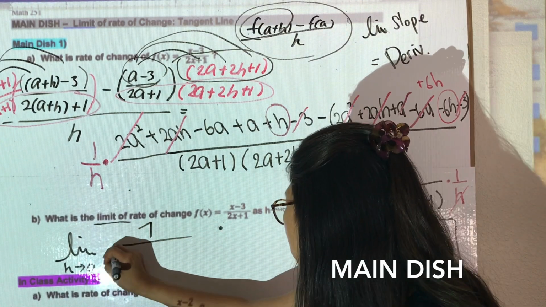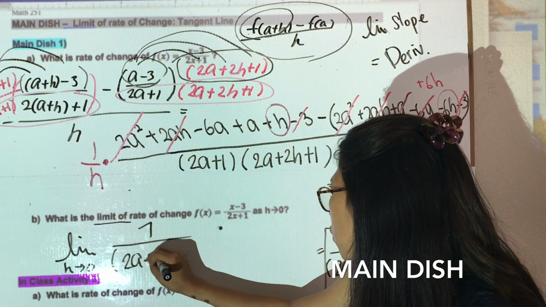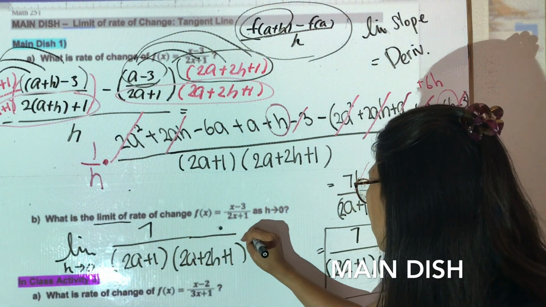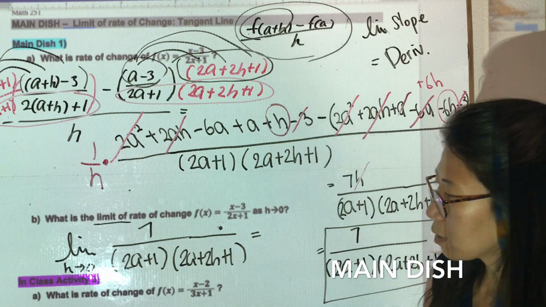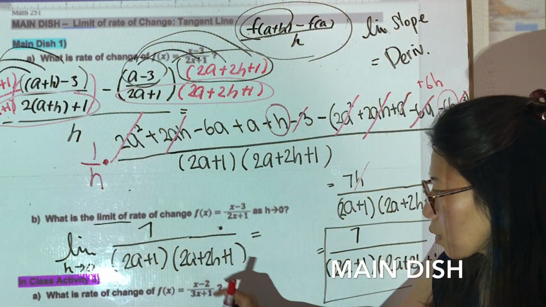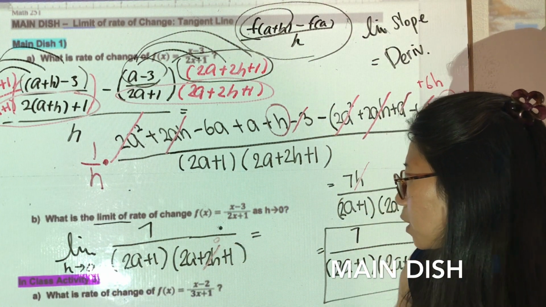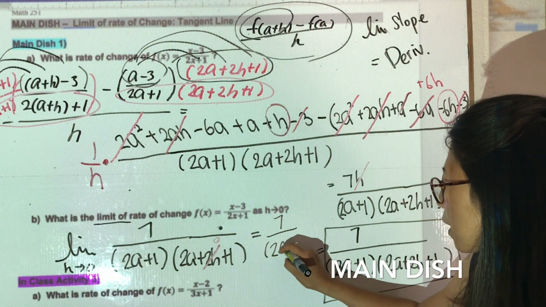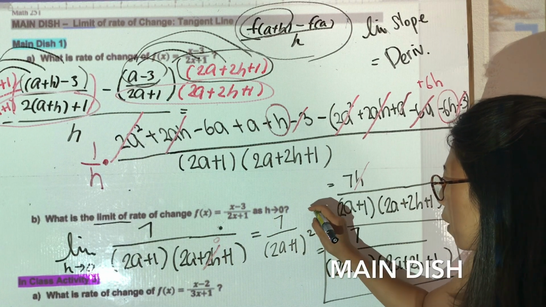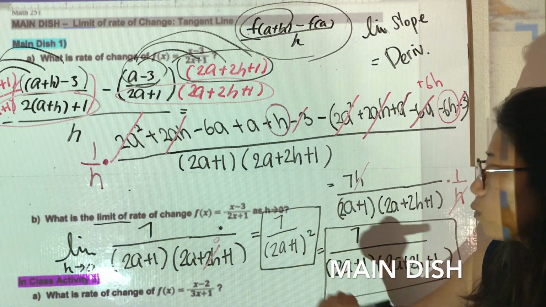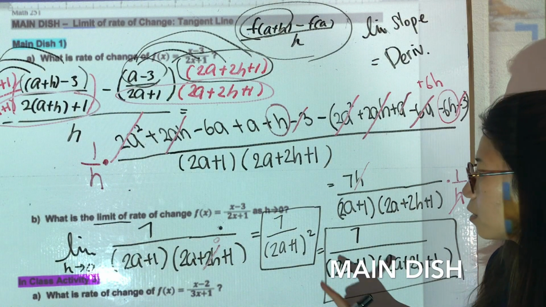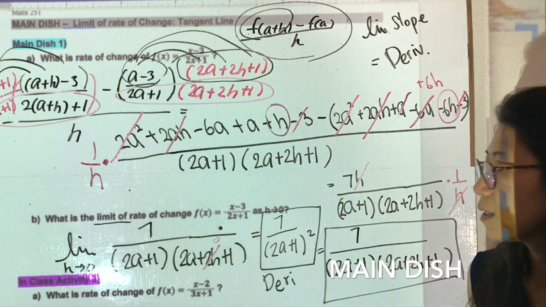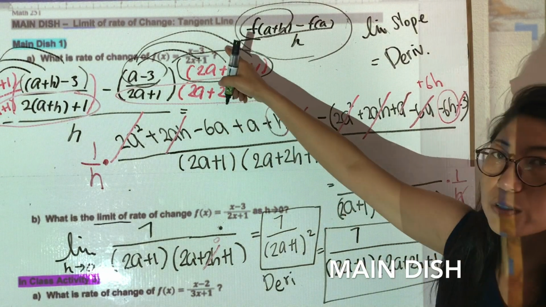So 7 over 2a plus 1 and 2a plus 2h plus 1 is equal to, what happens is, if you plug in 0, you can plug in 0 here, still it's going to be okay. I get 7 over 2a plus 1 squared. That's what I get. And that is the derivative of this function.